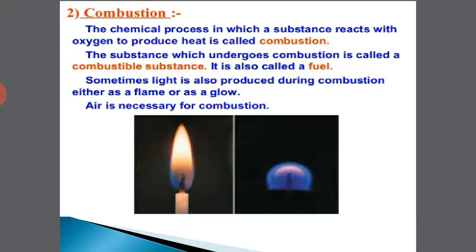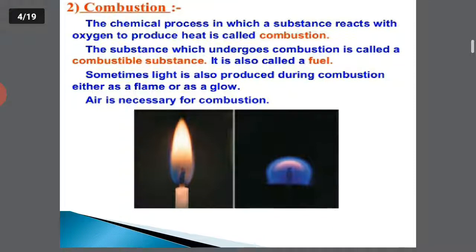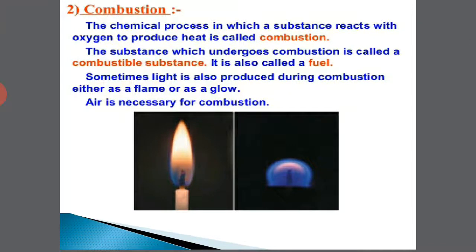The chemical process in which a substance reacts with oxygen to produce heat is called combustion. Okay, in the process of combustion, the substance will react with the oxygen and it will produce heat. In the combustion, the substance which undergoes combustion is called combustible substance.